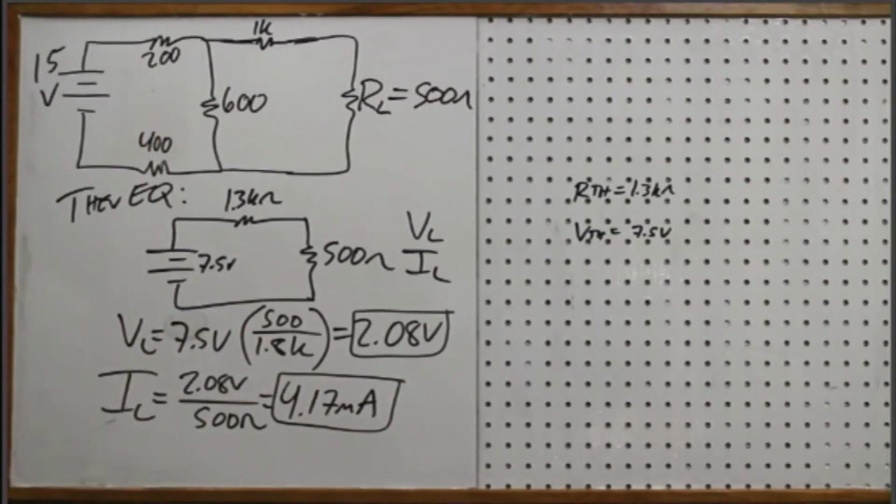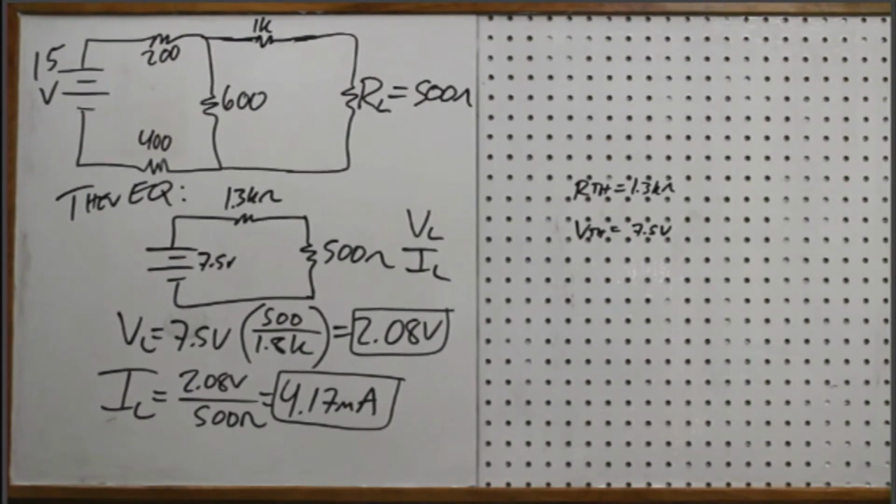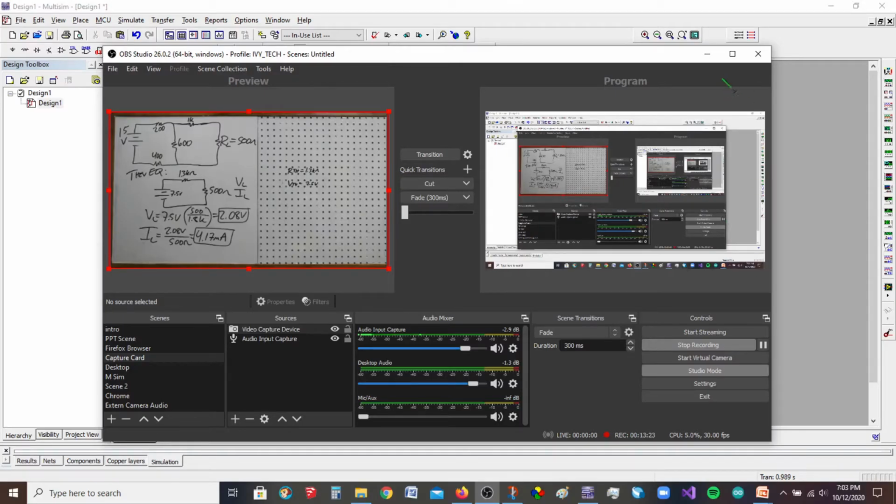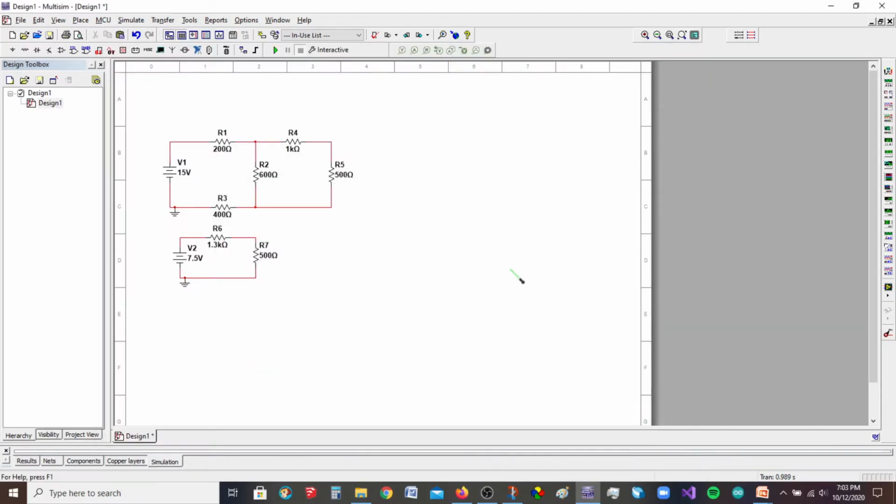So as usual, let's consult Multisim and see how we did. Okay, I've built both circuits in Multisim, and if I've done this correctly, then they both should give me the same exact answer. So I'm going to go ahead and grab a multimeter.